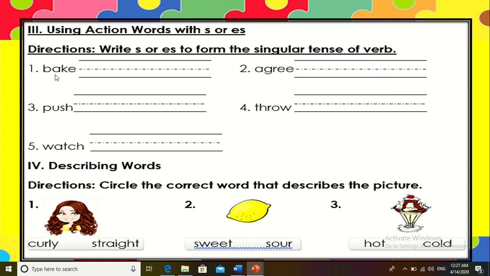So, you are given here 5 verbs. You have to copy the word again and then add S or ES. By the way, when do you add ES, KGs? Very good. We add ES if the verb ends in S, SS, CH, SH, X, or Z.